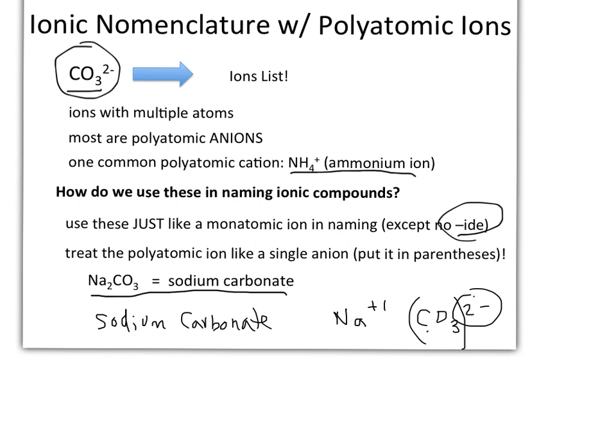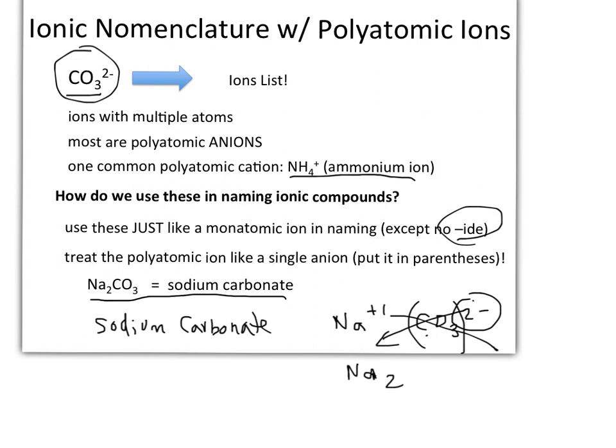Okay, so what I'm going to do is I'm going to have Na. The 2 is going to come down here because I'm crossing this down. The 1 is going to, excuse me, come down here because I'm crossing the +1 down. So when I go ahead and put this into my formula, I'm going to have this. Now, notice this 1 on the outside of these parentheses is a redundancy.